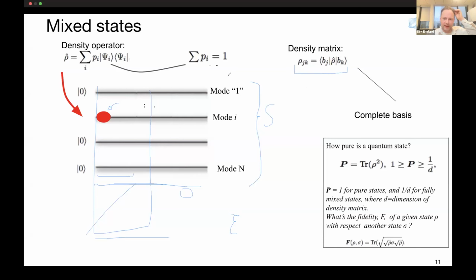So rather than writing n amplitudes, complex numbers for the state with n modes, you have to write as many as n squared times 2 real numbers to represent the complex entries in the density matrix, minus 1 because of the unitarity constraint.